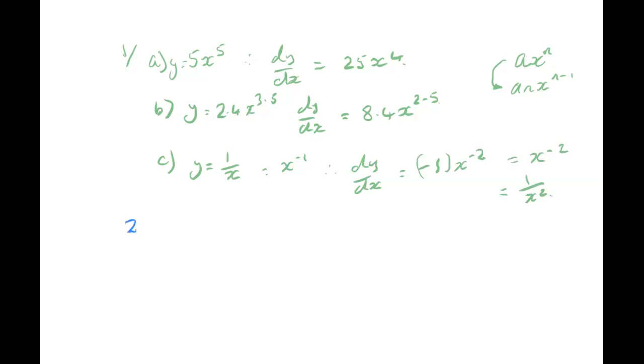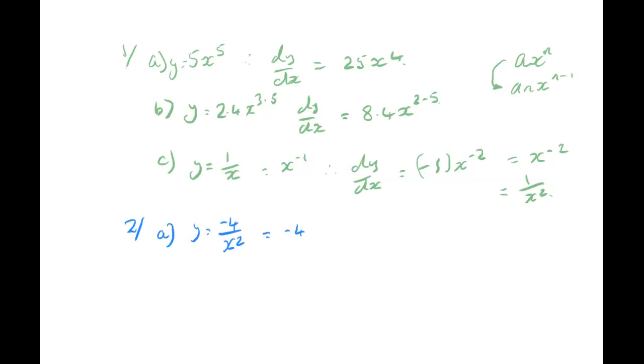Number 2, A. Anyone done that one yet? No. y is equal to -4 over x squared. We need to bring the power of x up the top. How do we bring the power of x up the top?